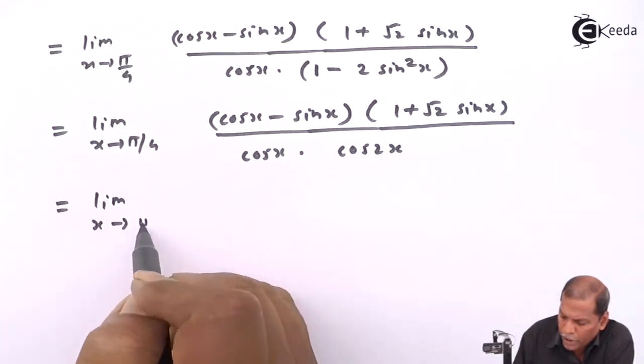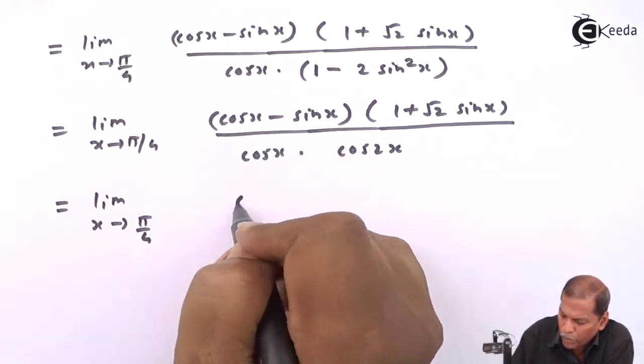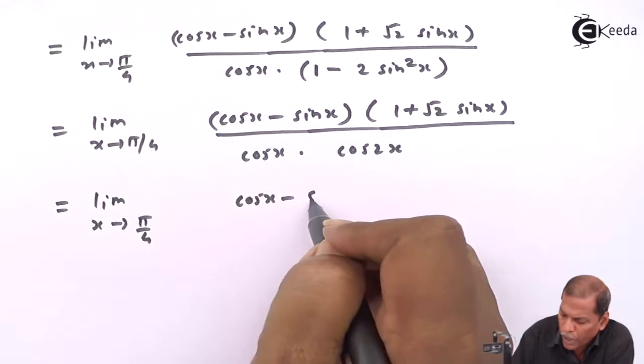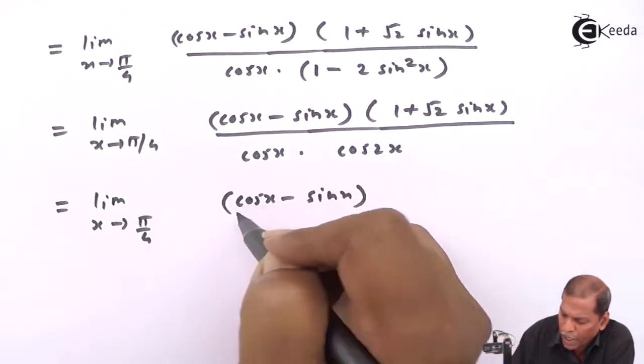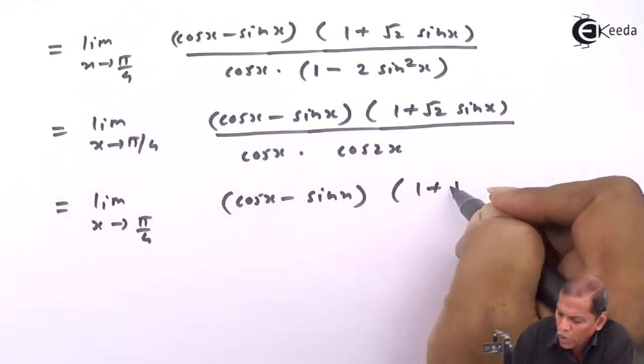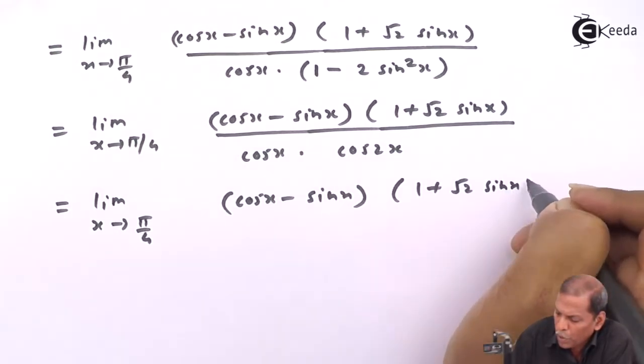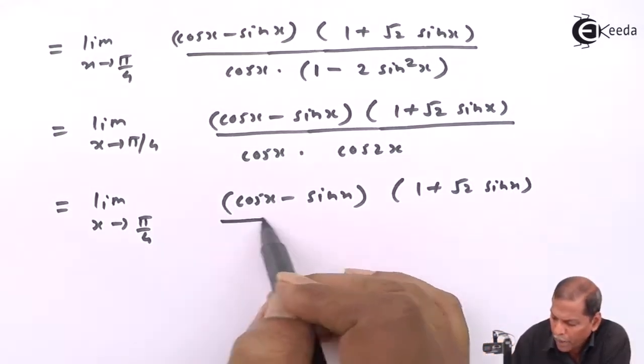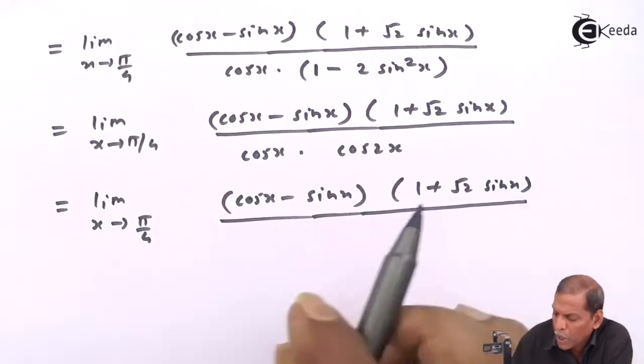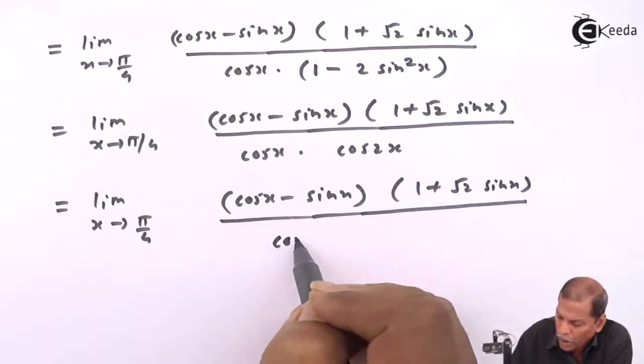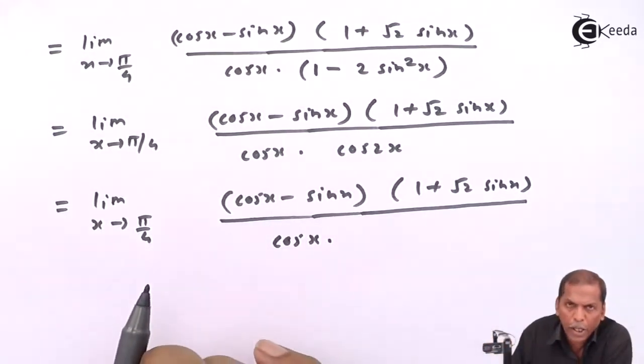So limit x tends to pi by 4, we write cos x minus sin x in the first bracket, 1 plus root 2 sin x in the second bracket as it is in the numerator. In the denominator we write cos x same.